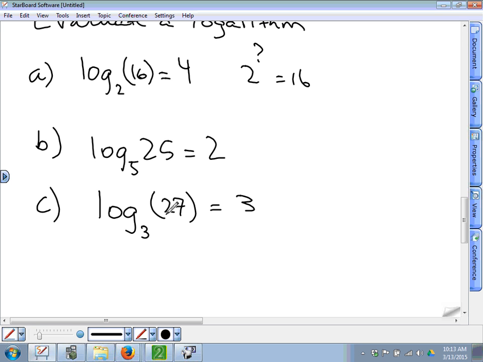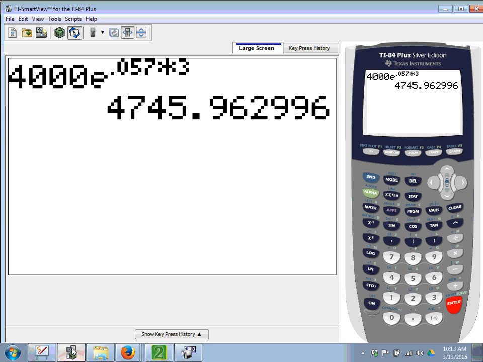Depending on your model of calculator, I'm not sure that every single one of your calculators can do this. Most of them can. So go to your calculator. If you have the TI-84 Plus Silver Edition with the updated software, you can do what we just did on your calculator. Here's something, though, that every single one of you needs to make sure you understand.